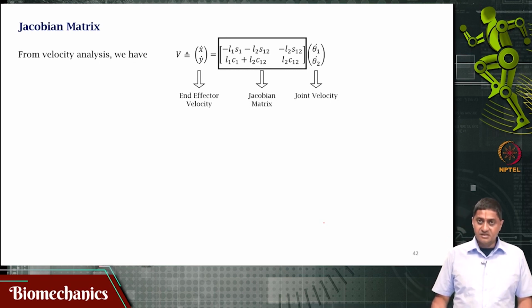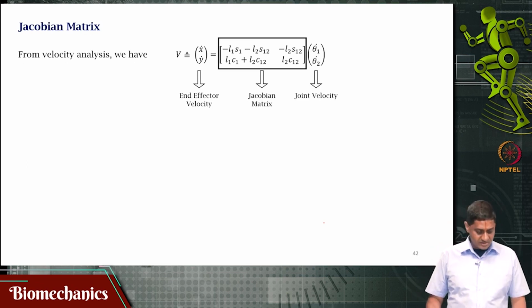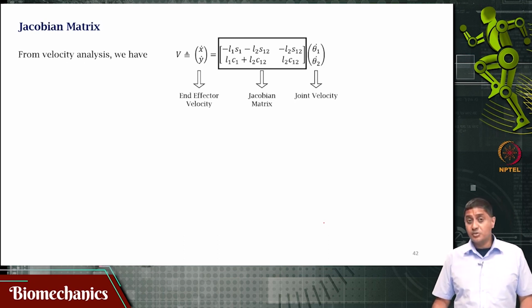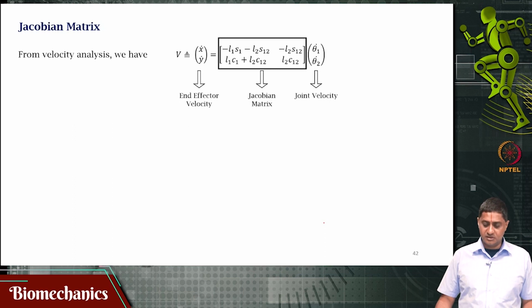The matrix in the middle is the Jacobian matrix. The Jacobian matrix, how is it obtained? It is obtained when you differentiate a vector, or rather when you partially differentiate a vector with respect to another vector.